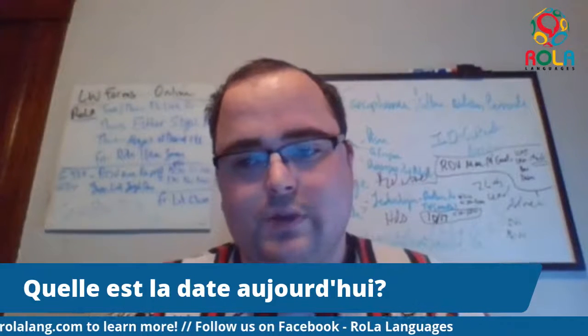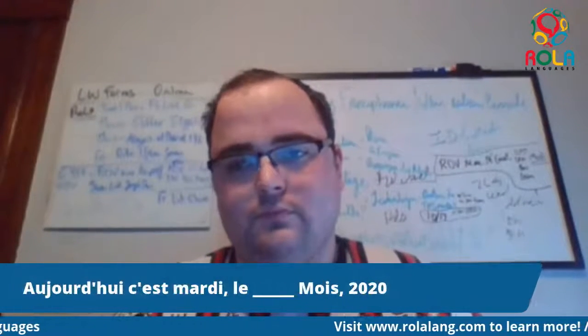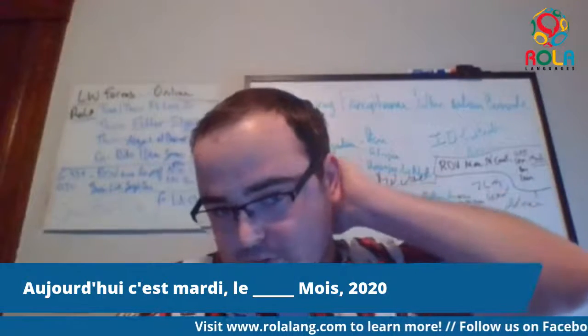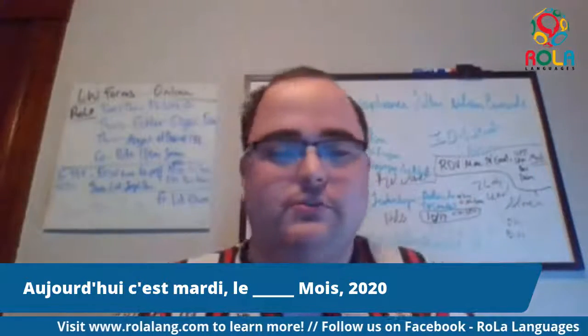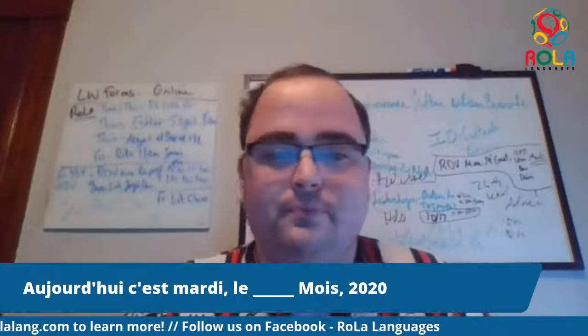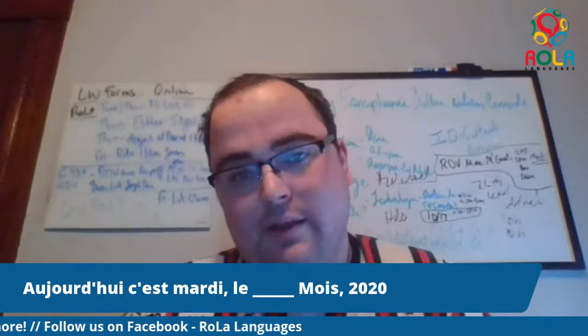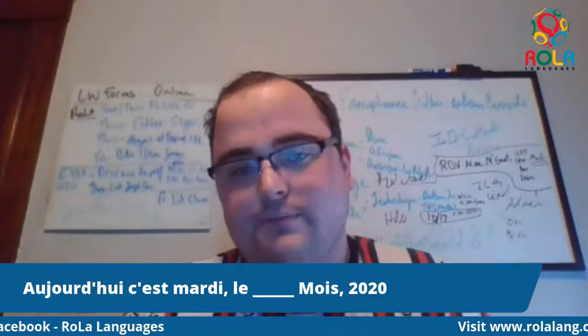And then you would say aujourd'hui c'est mardi le, and then the month, 2020. So you would say aujourd'hui c'est mardi, aujourd'hui c'est Tuesday, le blank, and then the month, 2020.